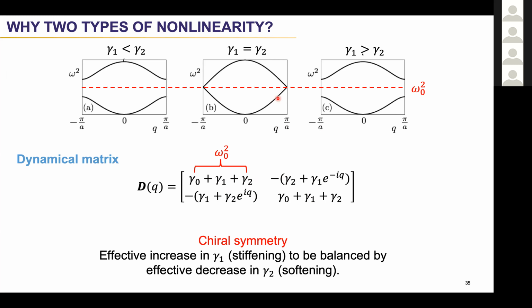So what essentially it means is that we want to maintain what the effective diagonal looks like. So the effective increase in gamma 1 by stiffening nonlinearity should be balanced by the effective decrease in gamma 2, which is softening nonlinearity, so that the effective diagonal term remains the same, and we have the chiral symmetry in the system.